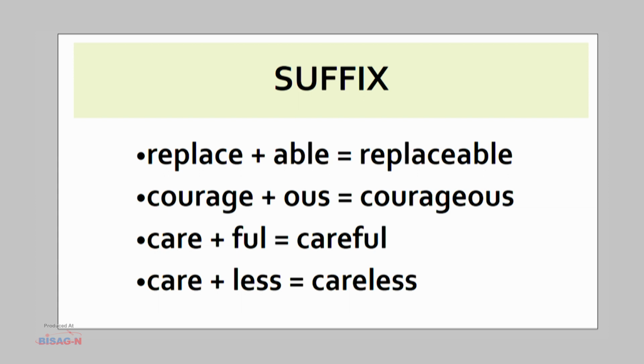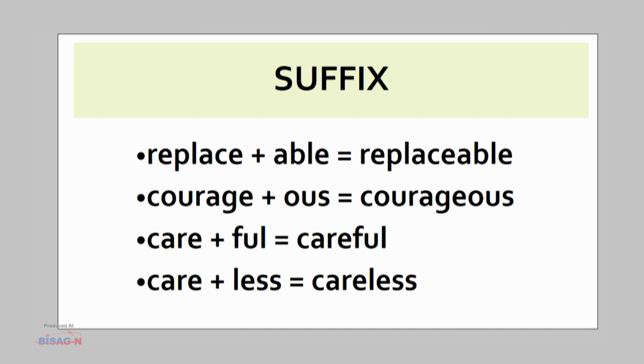Care plus ful, careful. You must be careful when you are talking about the company's product. Care plus less turns to careless. She is quite careless. I'm going to terminate her from next month. We don't need careless employees in our organization. So this is how suffixes go.